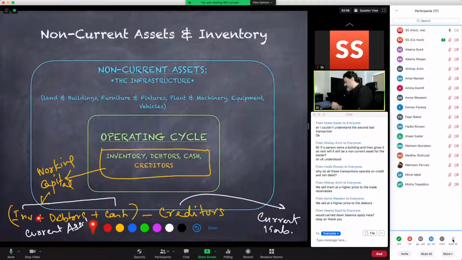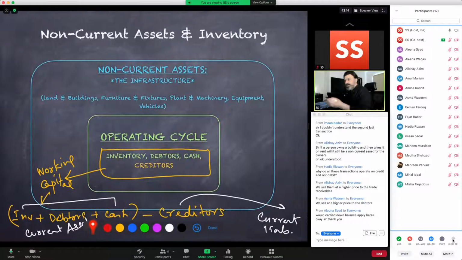And inventory, debtors, and cash are all your assets by nature, but these assets do not have more than 1 year's lifespan. So that is why we will term them as current assets, right? And finally, the working capital here is simply your current assets minus current liabilities.